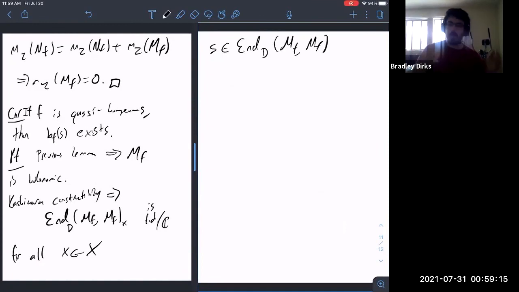Remember, M_f was the quotient by this t, the image of the map t, and s sort of preserved that sub guy. So s is a D-linear endomorphism of this object.